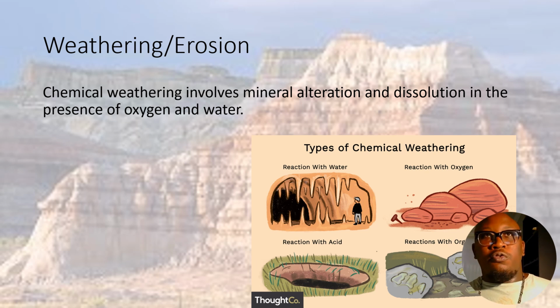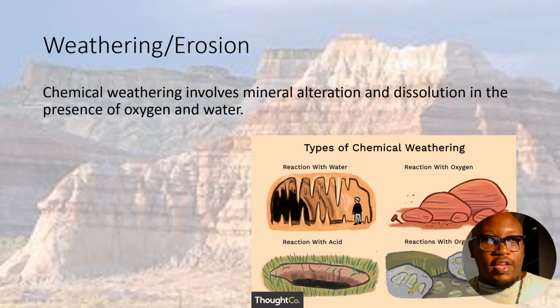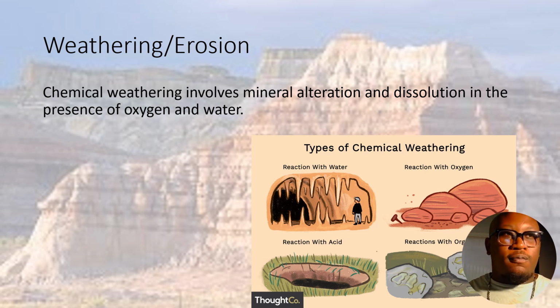For my people who live in karst areas, that's a term I will probably discuss in a future video when we're discussing groundwater. But think of limestone, chalk, rocks of that nature.